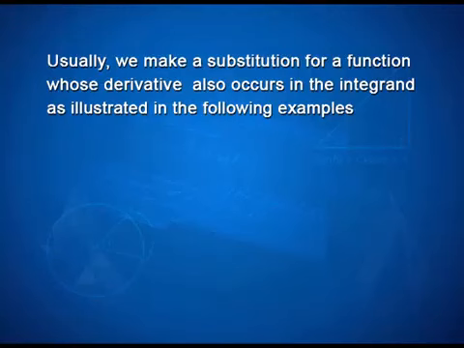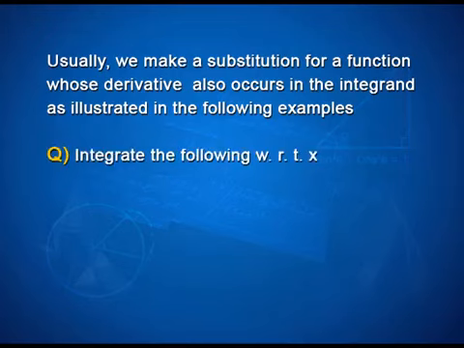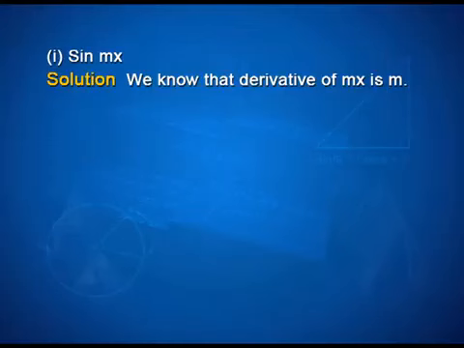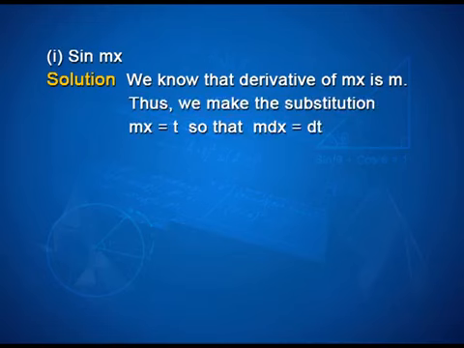Usually, we make a substitution for a function whose derivative also occurs in the integrand, as illustrated in the following examples. Integrate the following with respect to x. First, sin mx. For integrating sin mx, we know that the derivative of mx is m. Thus, we make the substitution mx is equal to t, so that m dx is equal to dt.